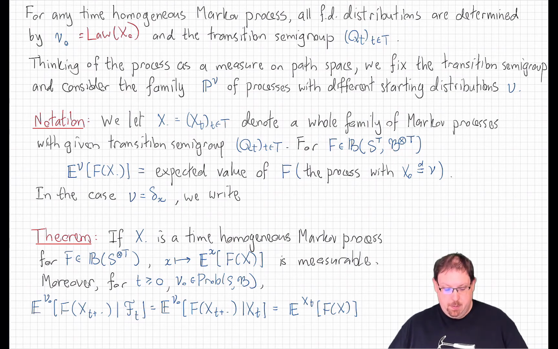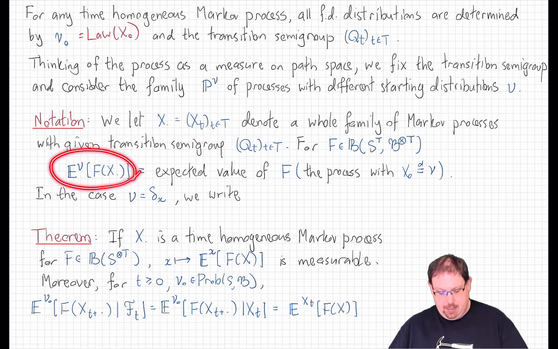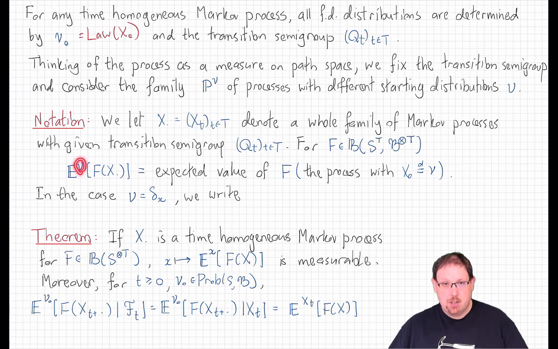Then we can, in principle, calculate all of these things here. That is, we take this function of our full process, and we take the expected value where we're specifying that the initial distribution of the process is nu. So instead of building that nu into the process here, we build it into which choice of expectation function we choose. That is, which measure here we're choosing, which is determined by the initial distribution.